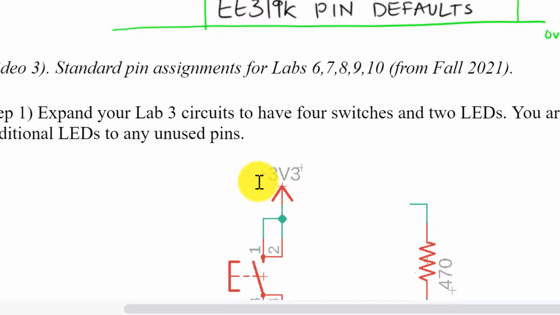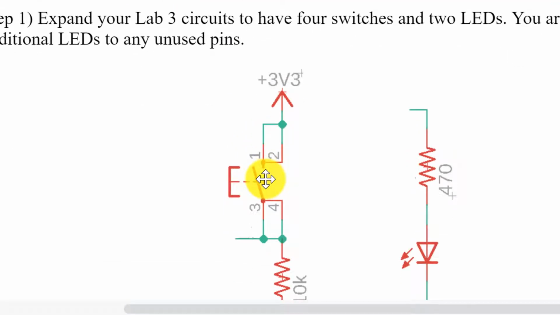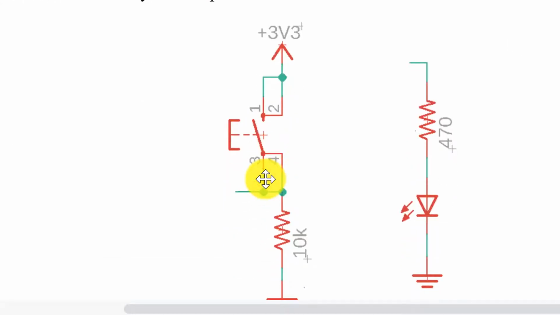You did Lab 3, so you know how to hook up switches and LEDs. If you've got 4 switches, you're going to do this 4 times. If you've got 2 LEDs, you're going to do this 2 times.